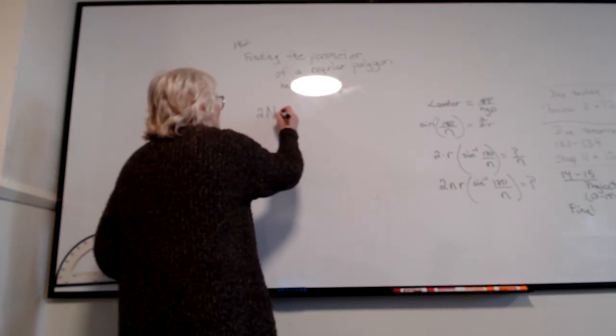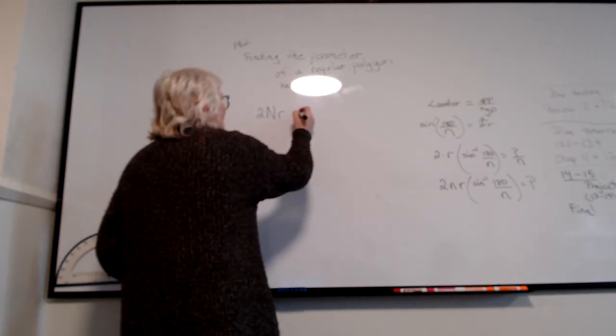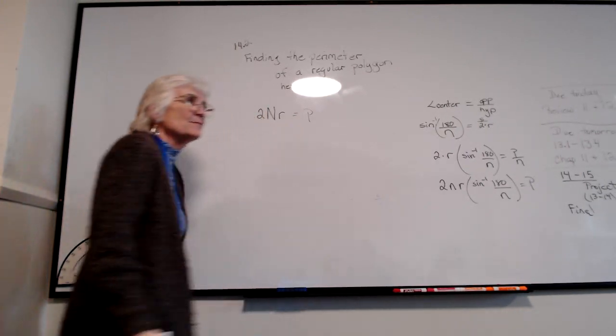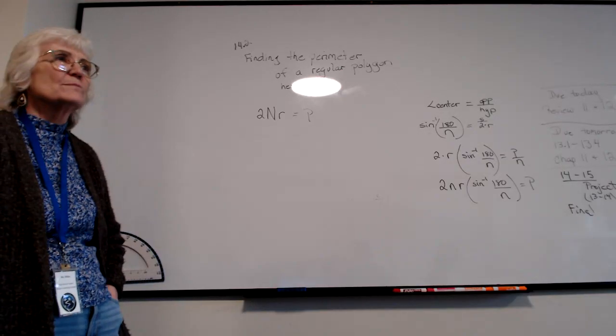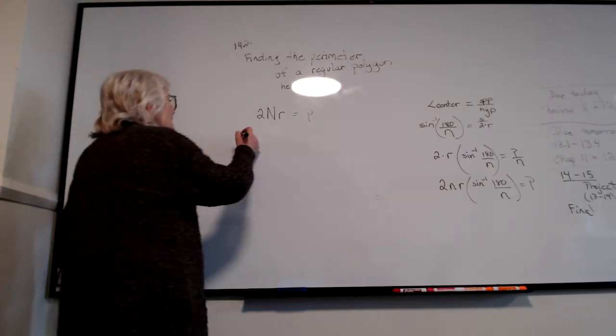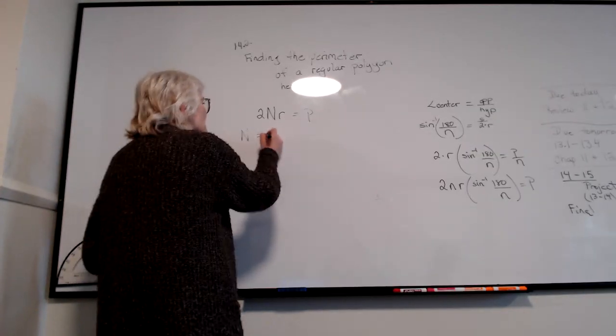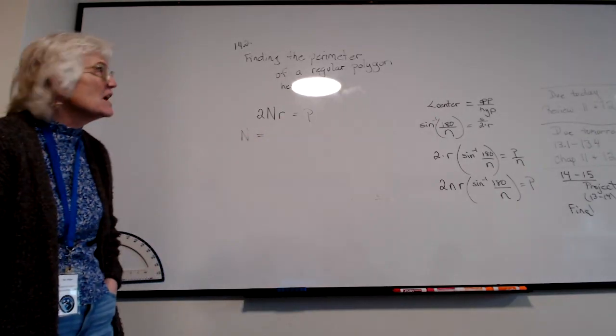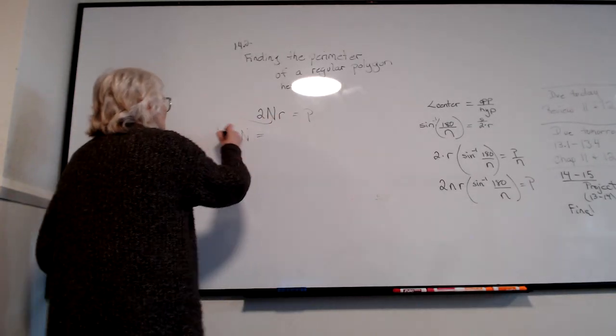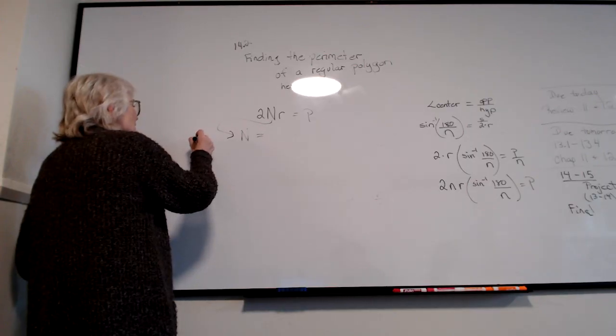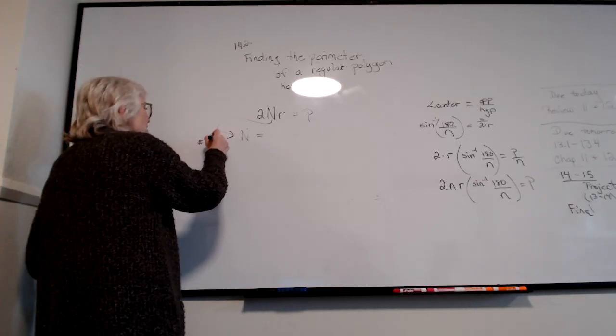Because all of this can be found just from the number of sides, it is called N.